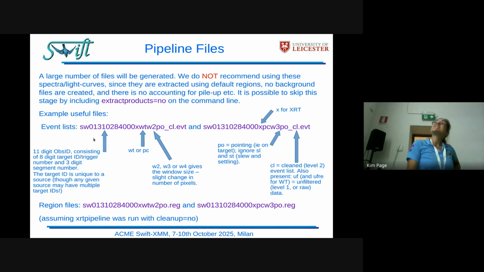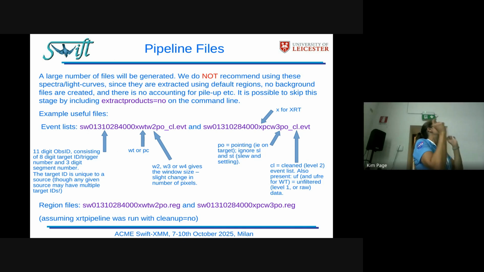So this is an example of an event list. As said, they will all start with SW. You then have an 11-digit number, and that's the OBS ID that is unique to your observation. But within that 11-digit number, the first 8 digits, and they will always, I think, start with at least 10. I don't think we've run out of target. So yeah, the first 8 with 1 or more zeros included at the start, that's known as a target ID.